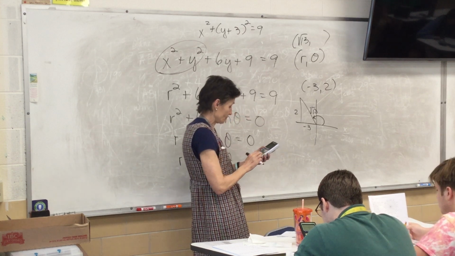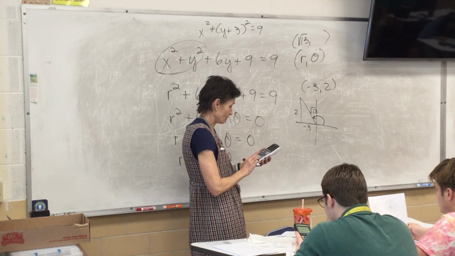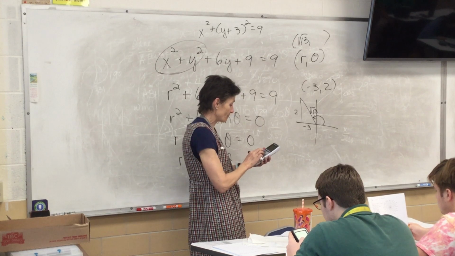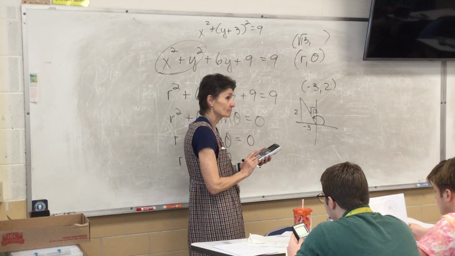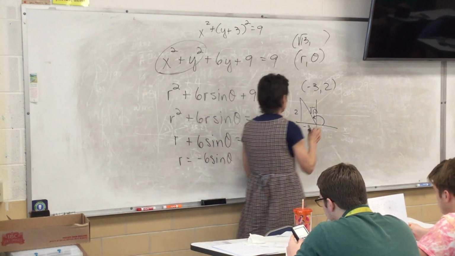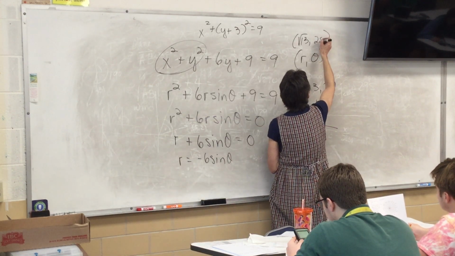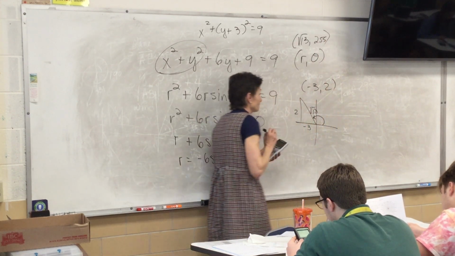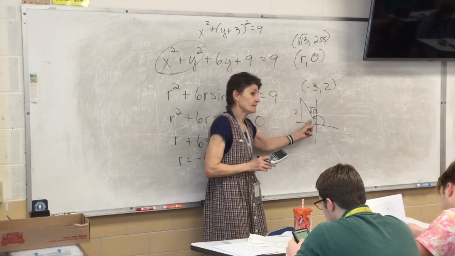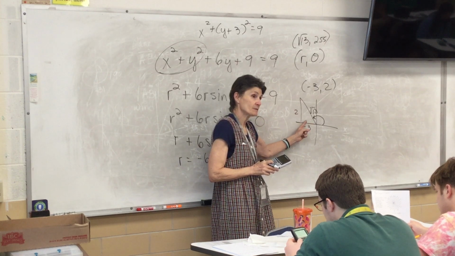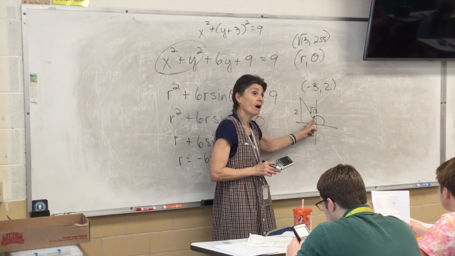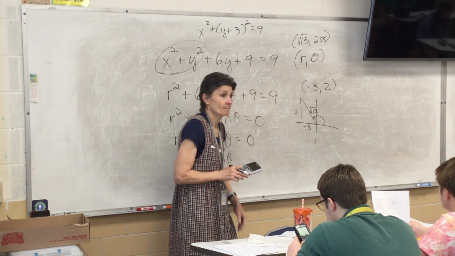I'm going to second tangent 2/3 and then subtract that from pi. So I got 2.55. So second tangent 2/3, Ava, and subtract that from pi, since I'm in radians.